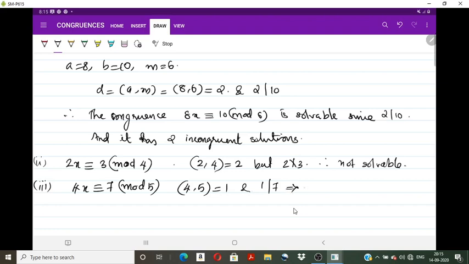So this is solvable and has a unique solution by the above corollary. It has a unique solution modulo 5.